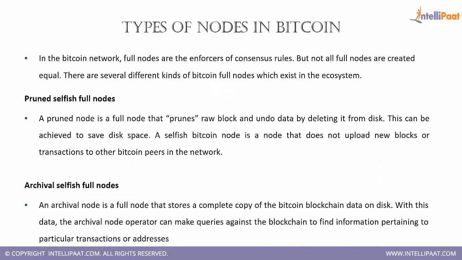So pruned, selfish nodes are typically the lightweight wallets or nodes, or the web wallets; these are nothing but pruned selfish full nodes. Basically, you don't maintain the history of all transactions on the node.